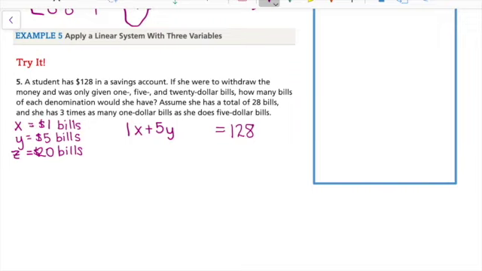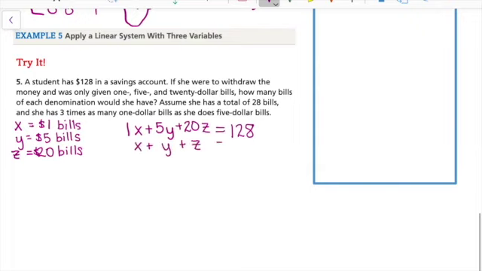So for instance, if she has 3 $5 bills, 3 times 5 is $15. Okay. And last, 20 times however many $20 bills she has. So if she has 3 $20 bills, she has 20, 40, $60 worth of $20 bills. Now we know that how many bills she has altogether is 28.